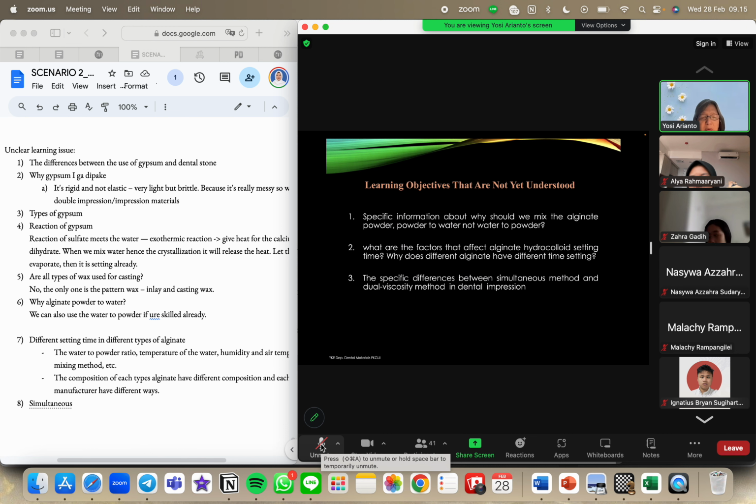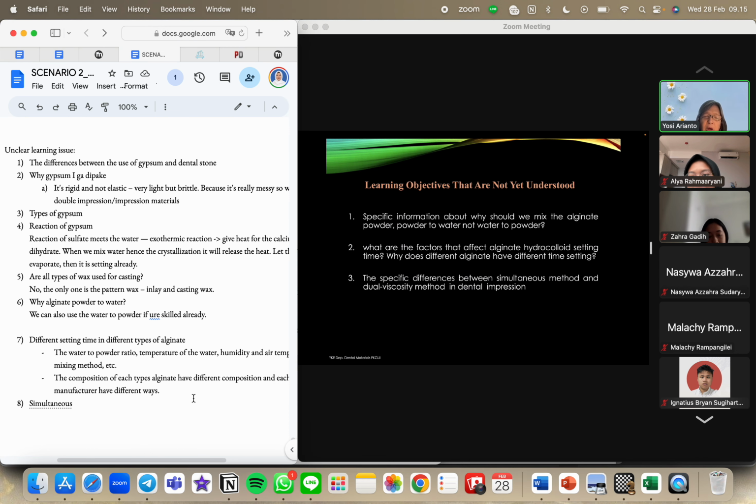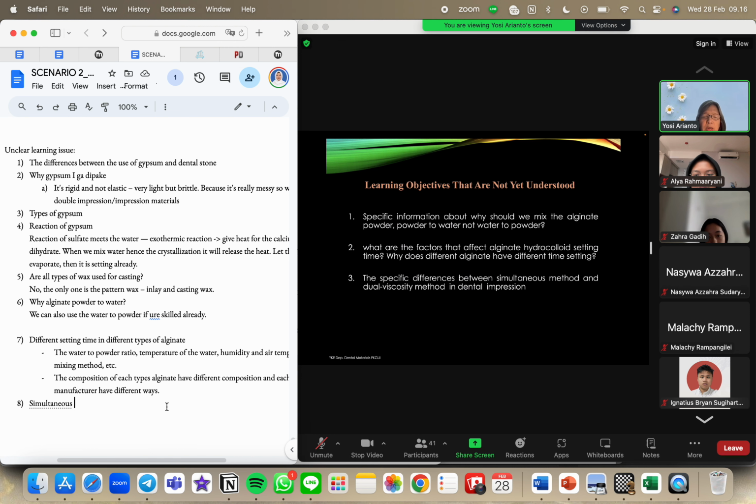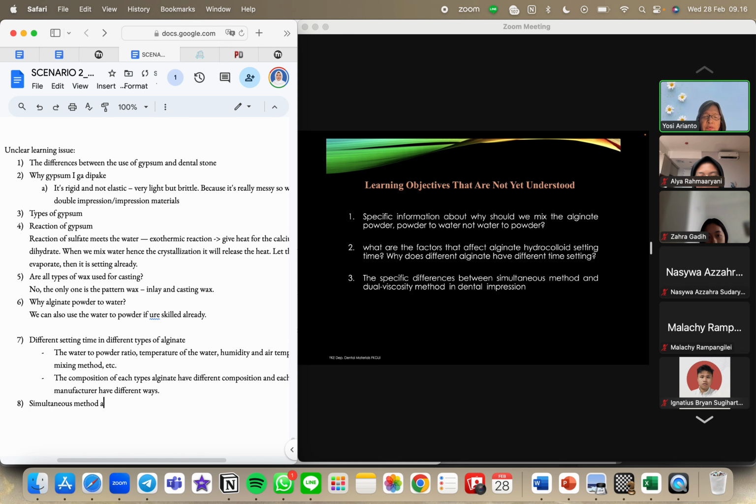You see here there is a dual viscosity, so there are two viscosities of the impression, right? Usually with different viscosity, we call it the heavy body and the light body.